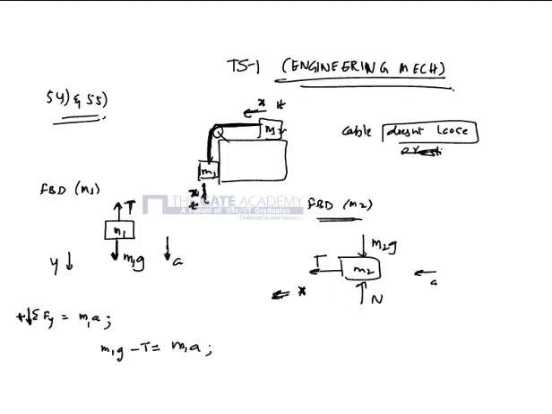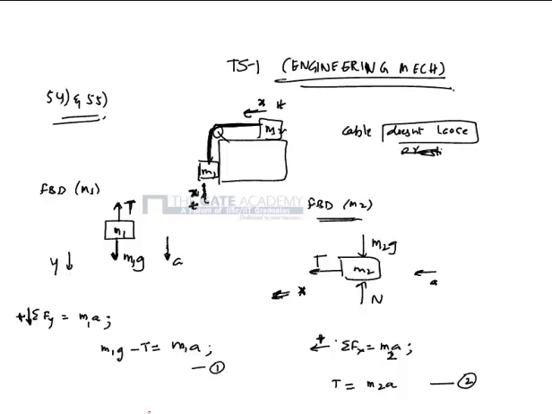Now for M2, the action happens along the horizontal direction, so let me write down the equation taking the leftward forces as positive. T minus, there is no other force which acts rightward, the acceleration is in this direction, which is M2A. So this is my equation 2, this is my equation 1.